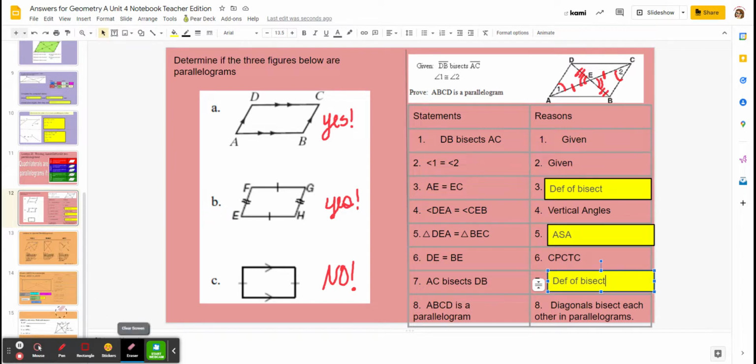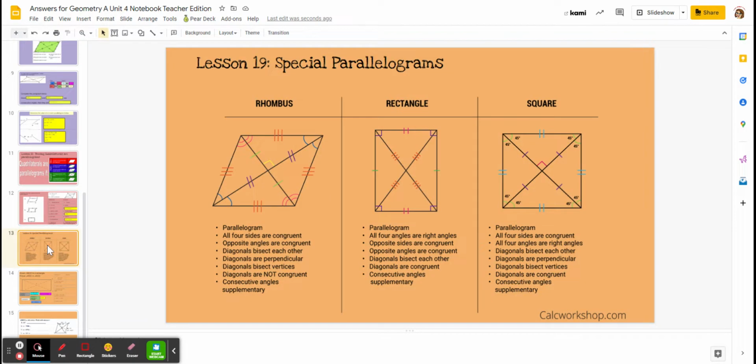All right, let's look at another one here. Slide 13, lesson 19, starts talking about some special parallelograms.